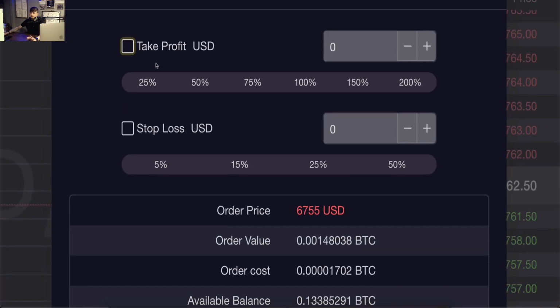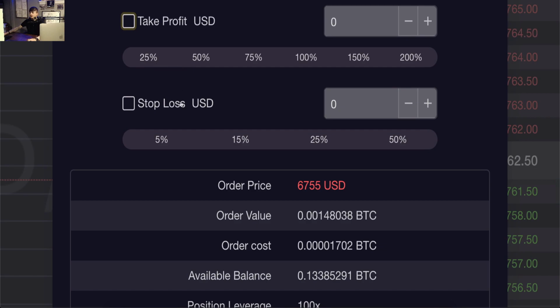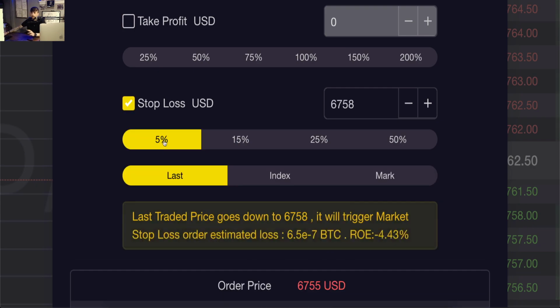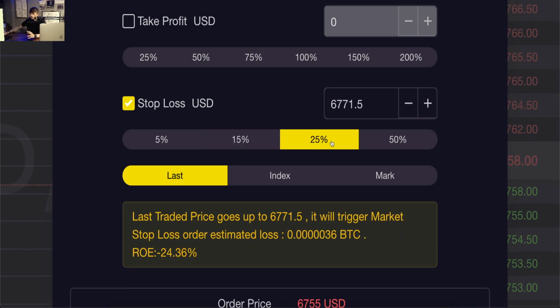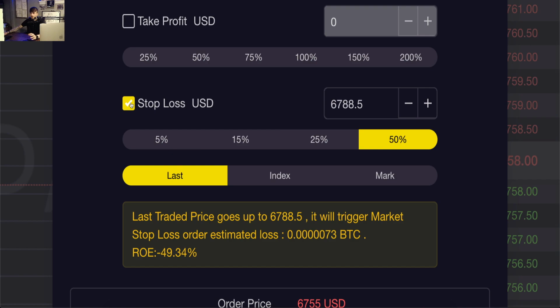You do not have to pick where you want it. You could just leave it at that. This is the stop loss feature that I was telling you about. So you can say you want to have Bybit close the trade for you when you lose 5%, or if you lose 15%, 25%, 50%, and so on.